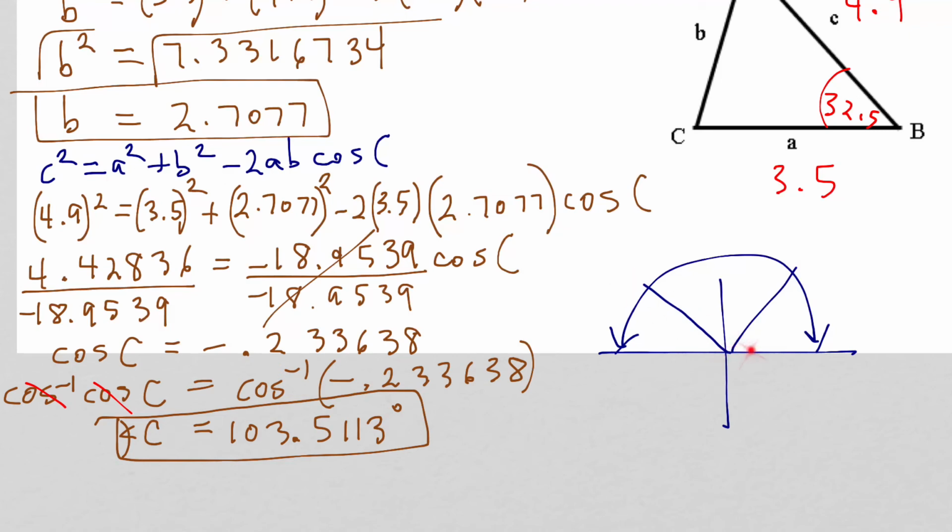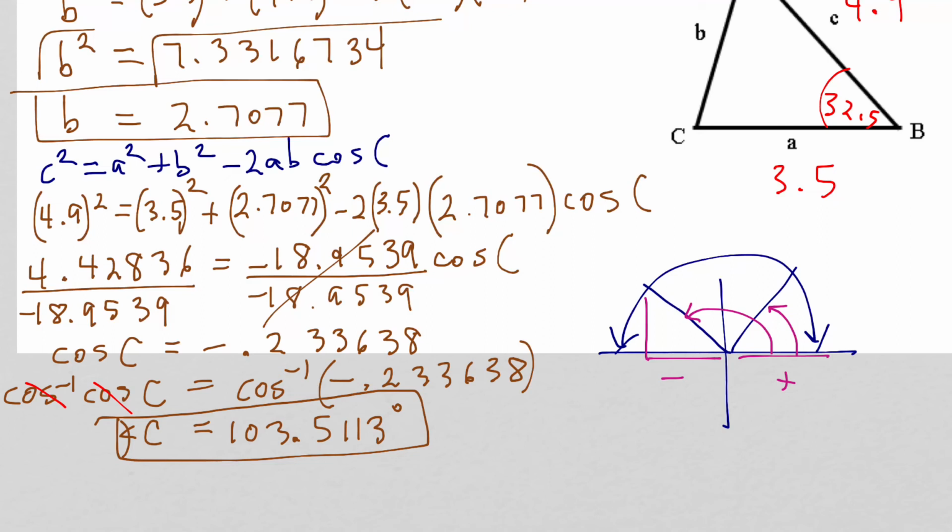But notice the cosine for the angle in Q1, the acute angle, is a positive number, whereas if you look at this obtuse angle in the second quadrant, your cosine is negative. So your acute angle will have the positive cosine, and your obtuse angle will have the negative cosine, but they'll have the same sines. And that's right there what the problem is with using the law of sines.